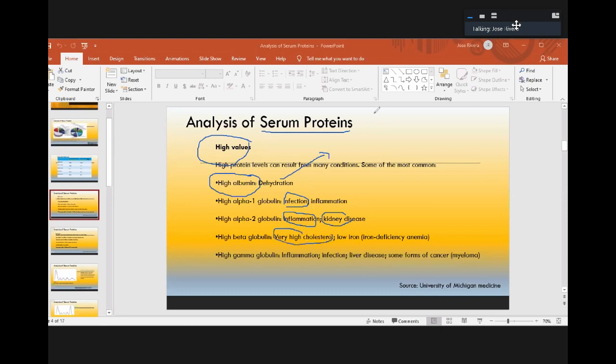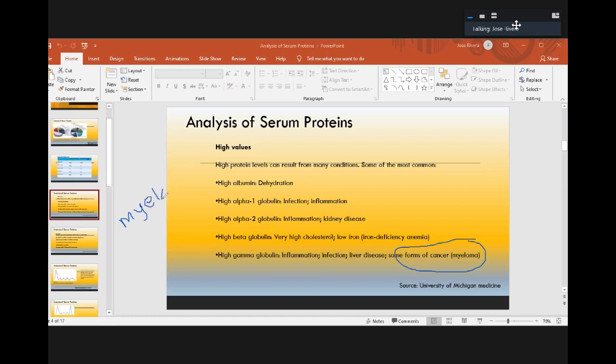But the one they look at more is the IgGs. If a person has really high amounts of IgG, that can suggest, and usually it's not good, that the person has a type of cancer called myeloma. This myeloma you can detect just by running a gel, because the IgGs migrate differently.